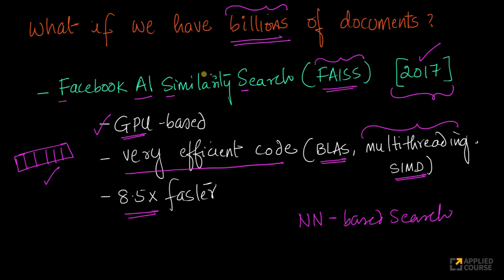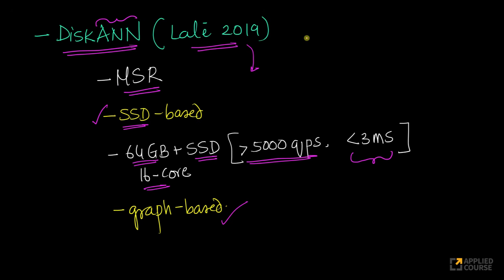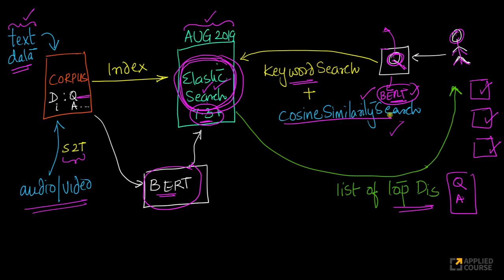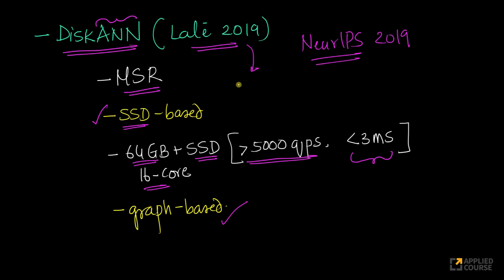If they do not scale, then you'll have to look at cutting edge research at some of the companies. Again, these are proper hardcore research papers. Like DiskANN is a research paper from one of the best machine learning conferences that happens every year, NeurIPS 2019. It's literally 6 months old research, right? So sometimes if the existing solutions, where you have systems which are well tested, well studied, do not solve your problem, you might have to read cutting edge research and implement it.